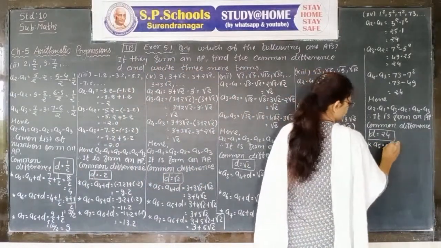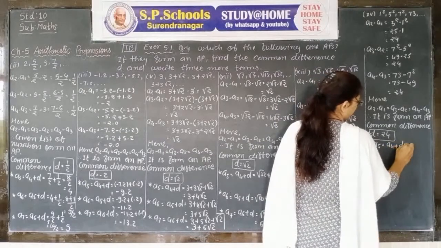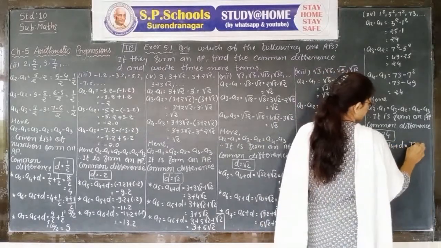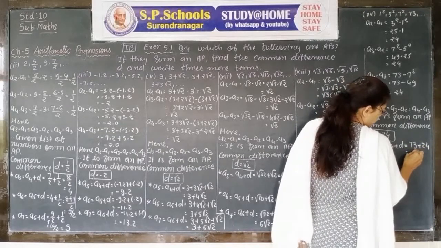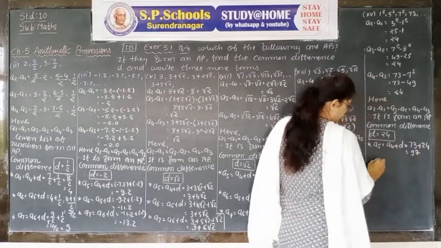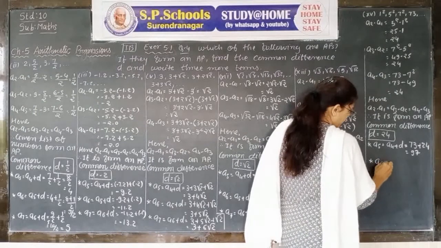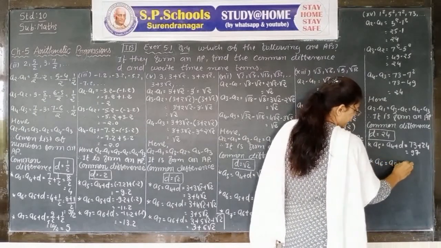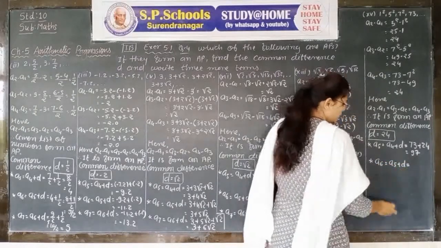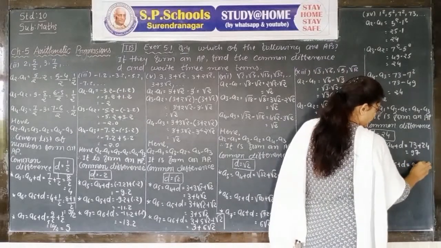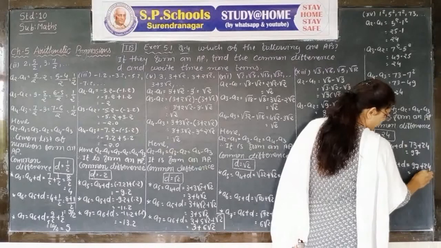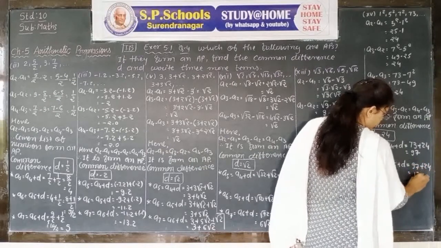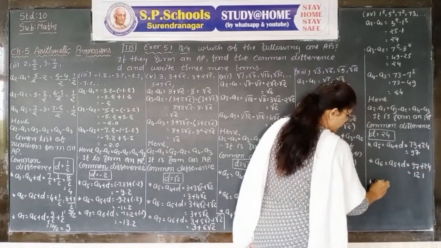A5 is equal to A4 plus D, where the fourth term A4 is 73, plus 24 is equal to 97. Sixth term A6 is equal to A5 plus D, where A5 is 97, plus 24 is equal to 121.